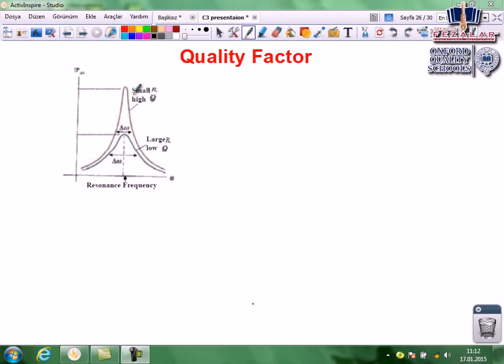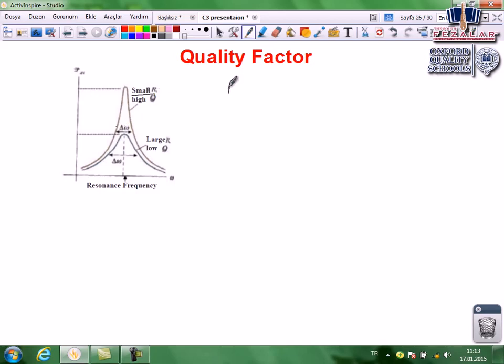The quality factor of a resonance circuit can be defined as the ratio of the angular resonance frequency and the range of angular frequency, meaning the change in angular frequency. On the graph, as you see, when resistance is small, the graph is high and sharp. That means the distance between these 2 points is small.